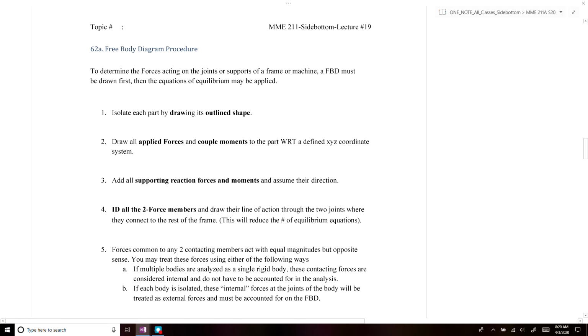So in order to analyze a frame and a machine, one thing I want to point out here is that it's not a completely new thing. You've already done this to some extent in chapter 5. All right, we talked about rigid body equilibrium. So the only difference we're doing here in chapter 6 to analyze frames and machines is that in chapter 5 we had one rigid body.